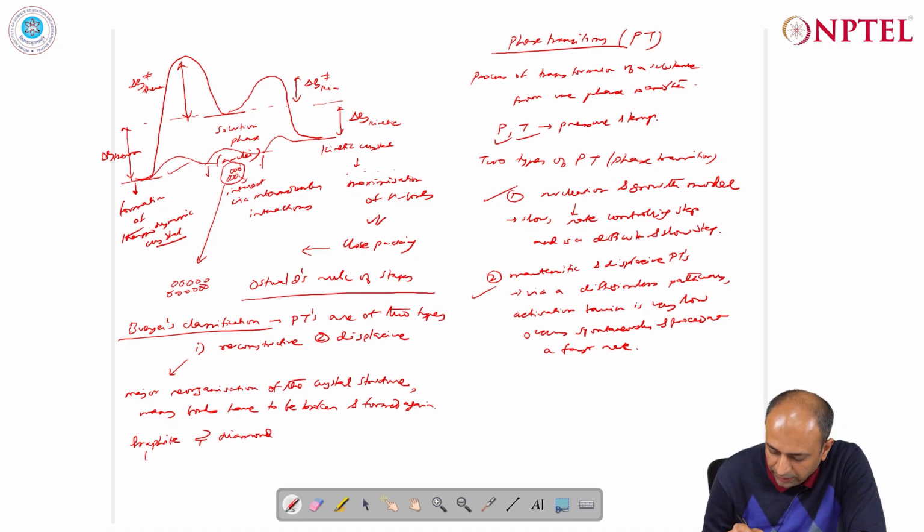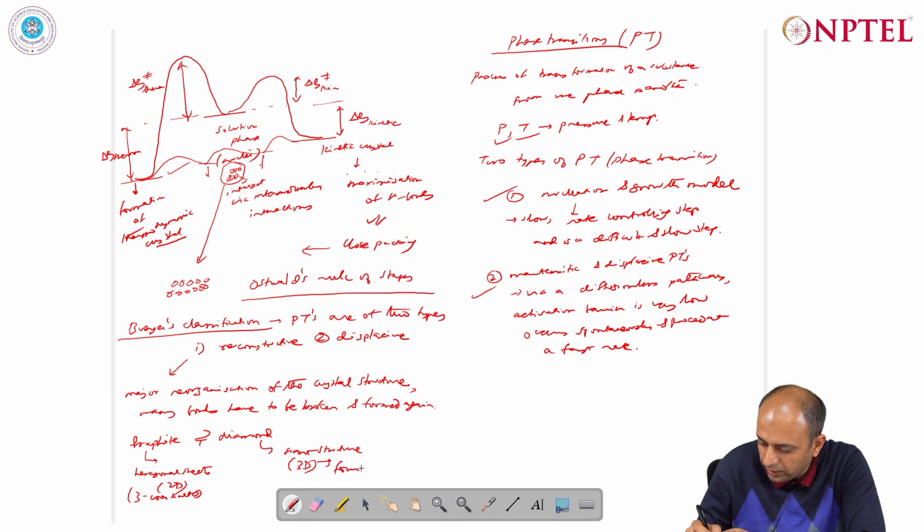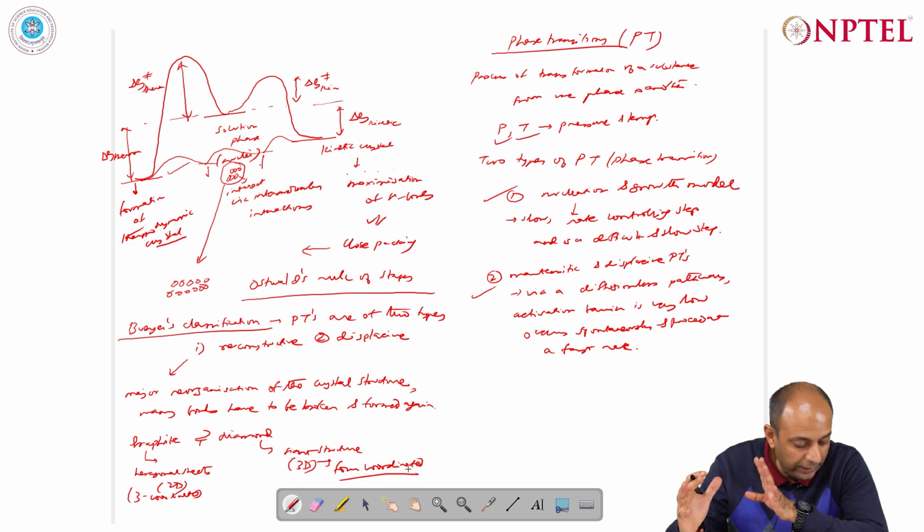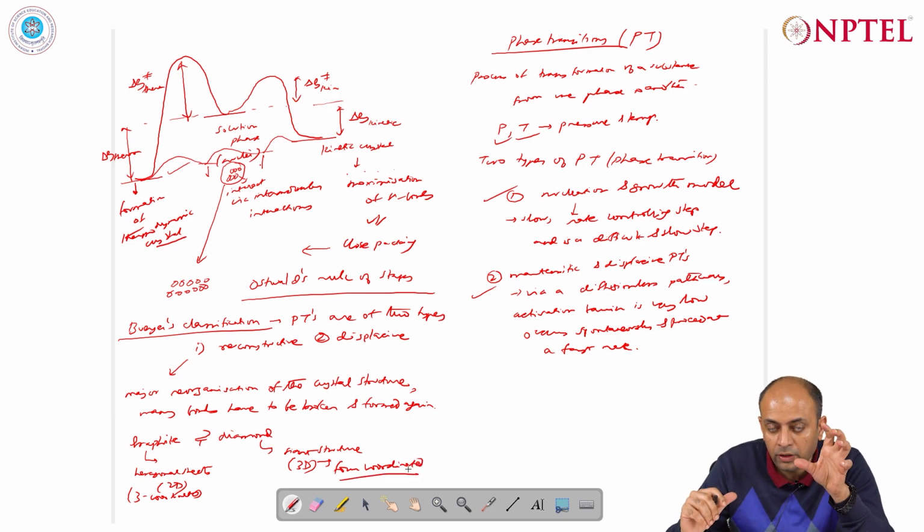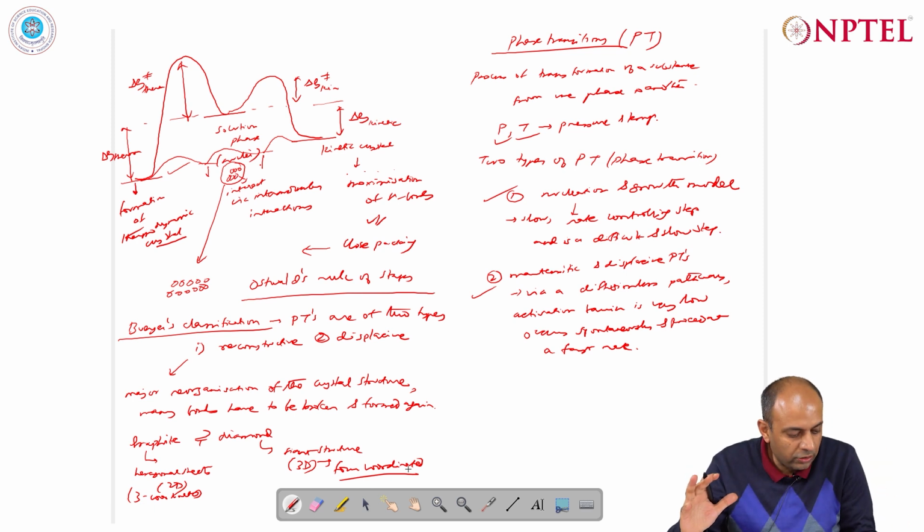So, in the case of graphite, we have the hexagonal sheets, and here we have the giant structure. This is 3D, this is 2D. Here carbon is 3 coordinated, here carbon is 4 coordinated. So, the structures are very different, and if you want to convert from graphite to diamond, then there is a major reorganization of the structure as a whole.